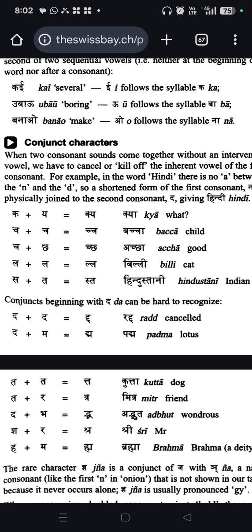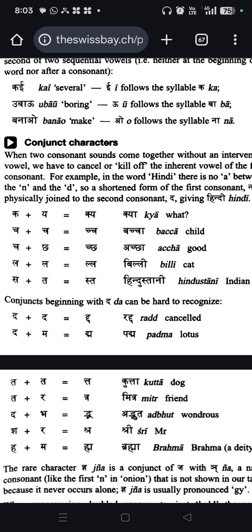And then we have ch again, same sound, with the soft voiced sound, the third one. The consonants are in groups of five members. Those groups are named after the first letter, and then we say species, which is varga. So it's the third one in the cha varga.